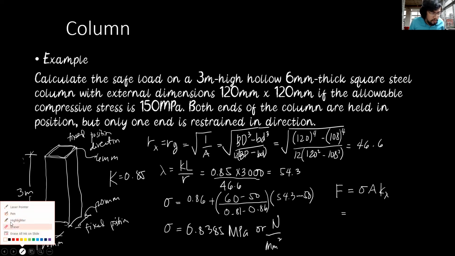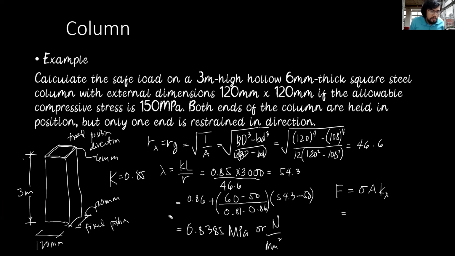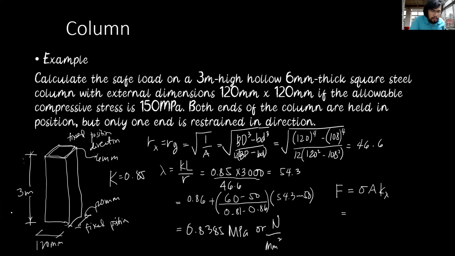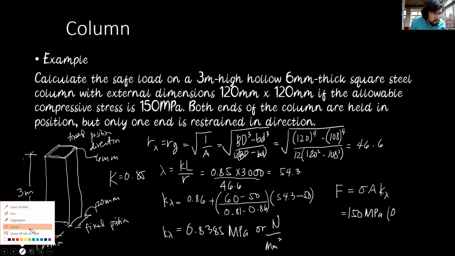The sigma is already given. We were trying to solve for the K. This is K of the slenderness ratio, the reduction factor. I forgot. This is K. So we already have the 150 megapascals times the area.